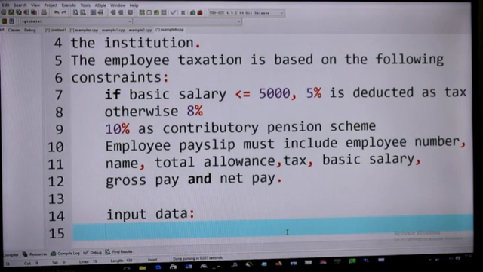So input data, we have the basic salary.